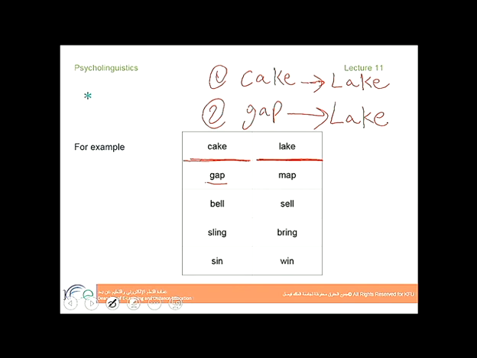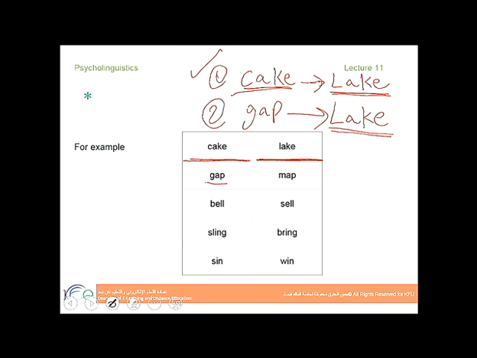Now, which one do you think they will respond to faster? Here or there? Which one will be faster? The answer is number one. They will respond faster to the word lake here than here, because here it's preceded by a word that sounds the same. So cake, lake.